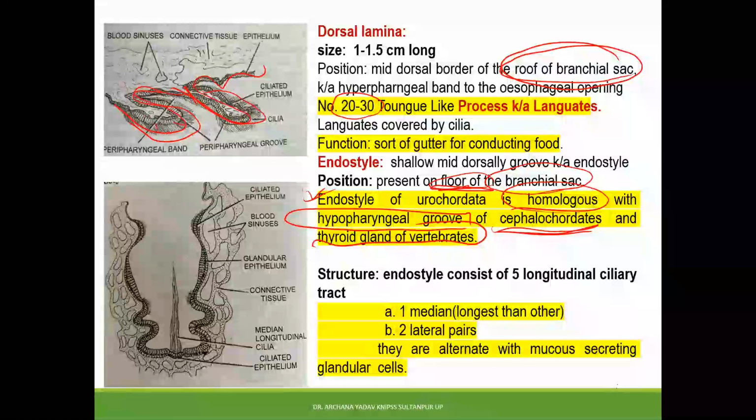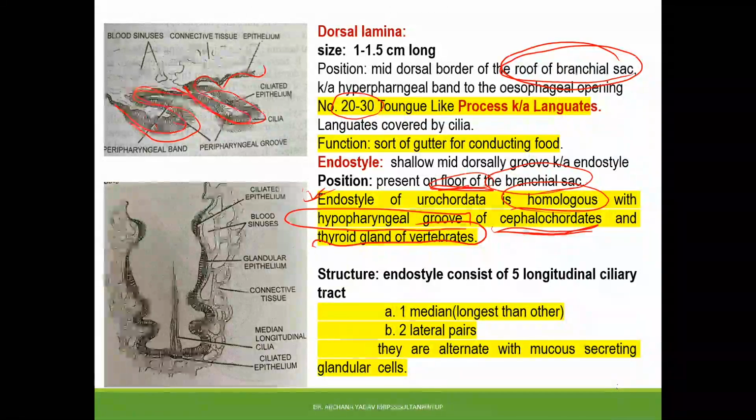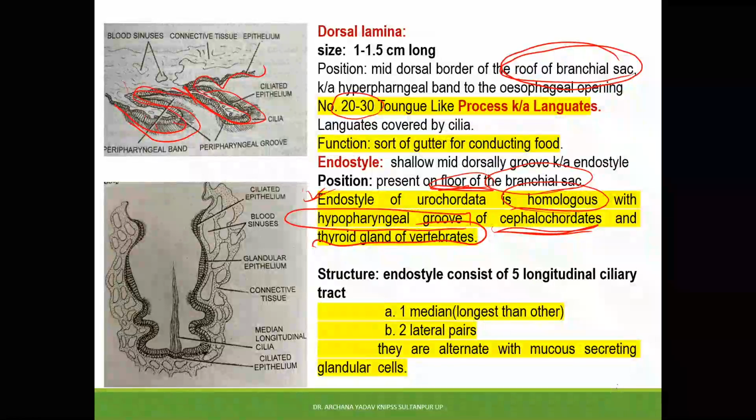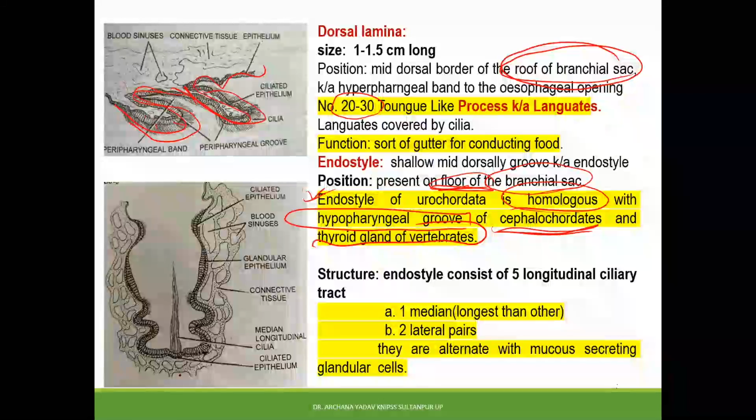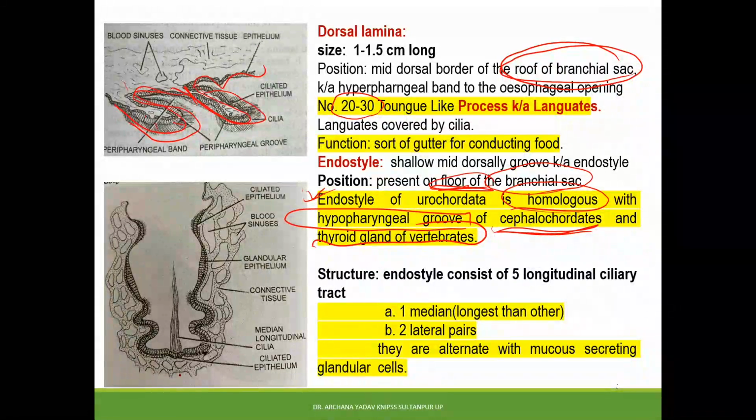gland of vertebrates. If we see this diagram, the endostyle consists of 5 longitudinal ciliary tracts.